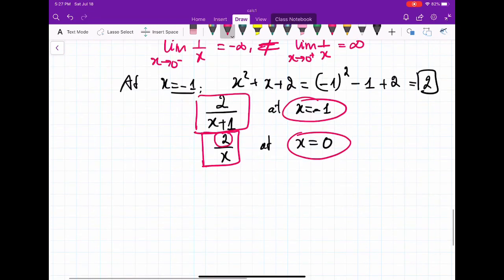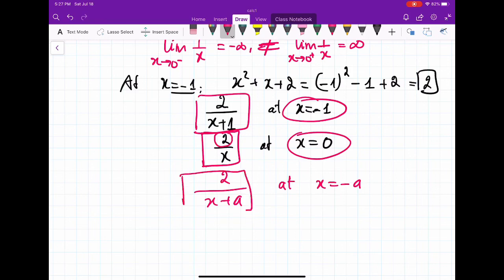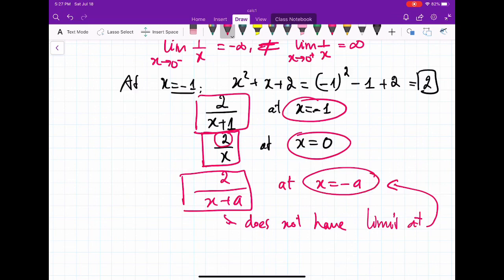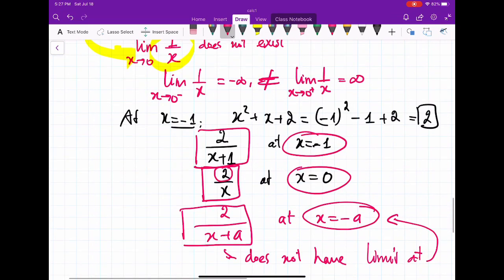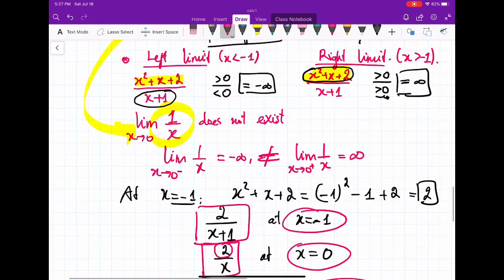In general, we may consider 2 over (x plus a) at x equal to negative a, and this function does not have a limit at x equal to negative a. Don't forget about that. I think I told you that we need to pay attention to this function because this is a very, very typical limit, 1 over x.